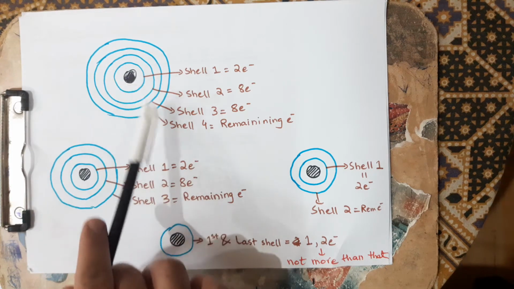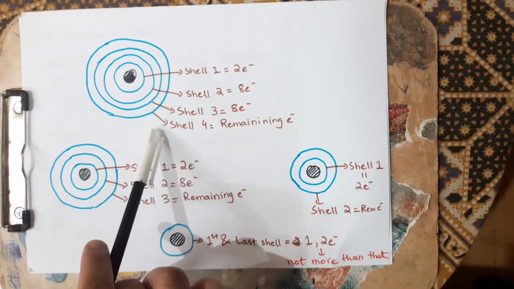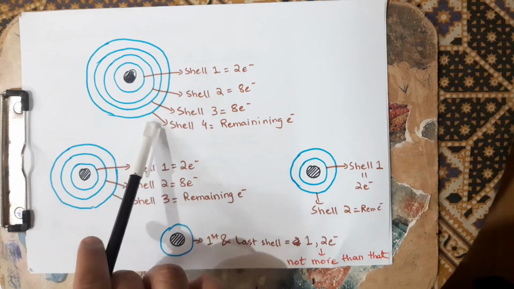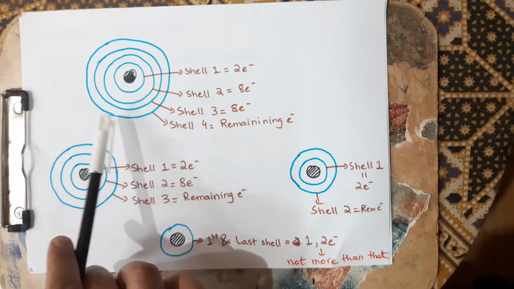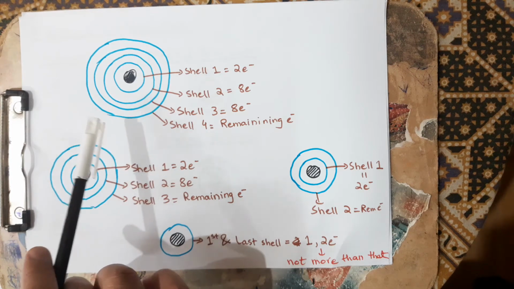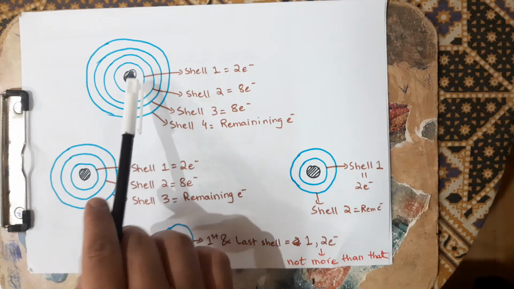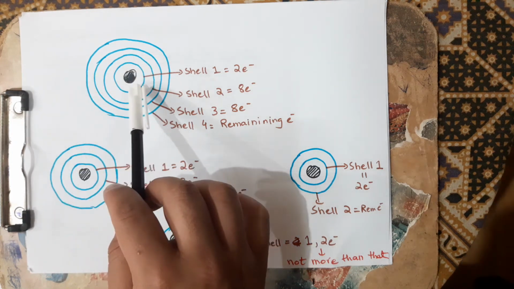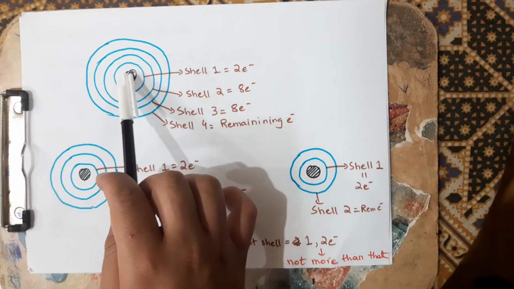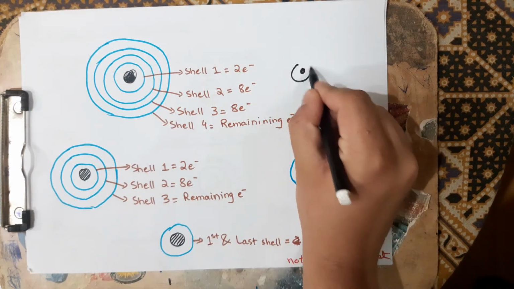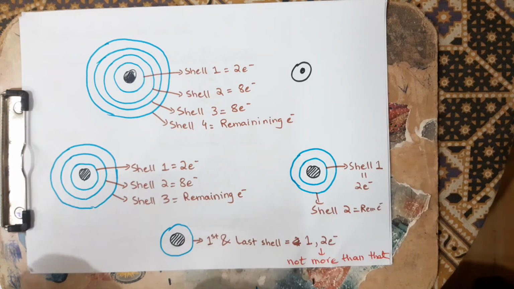So you say that this fourth shell is the valence shell, the last or outermost shell of this atom, and the electrons present in this fourth shell will be known as the valence electrons.